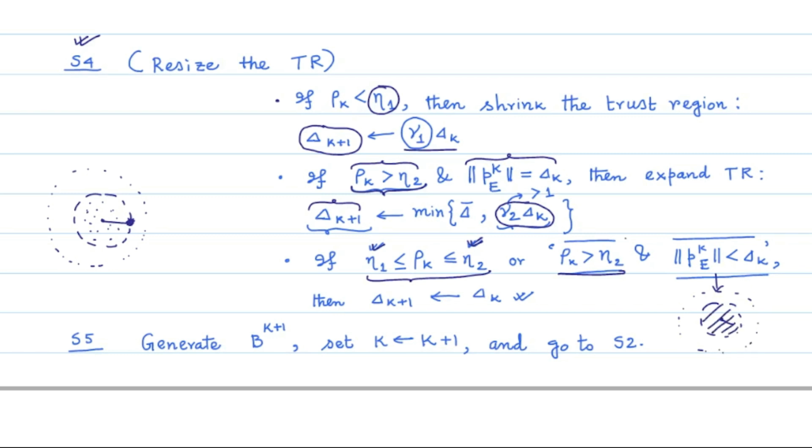In this case we do not alter the trust region radius. We just continue with the same radius that we used in the previous step.